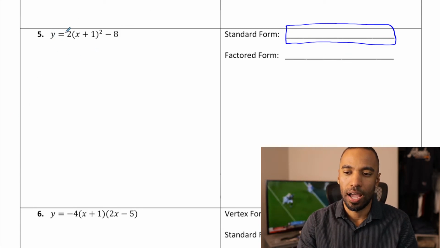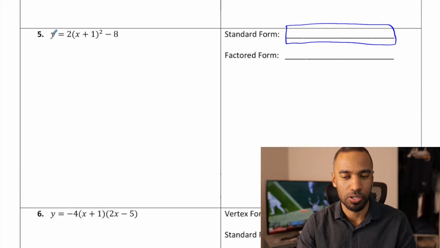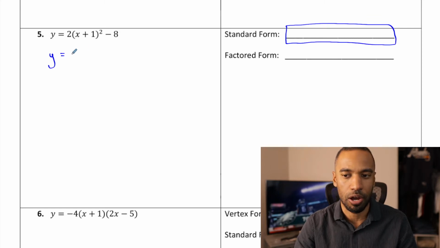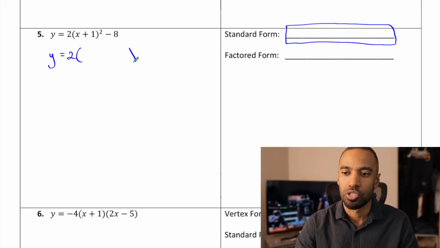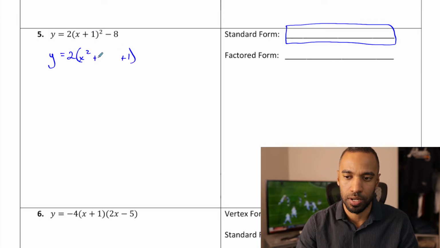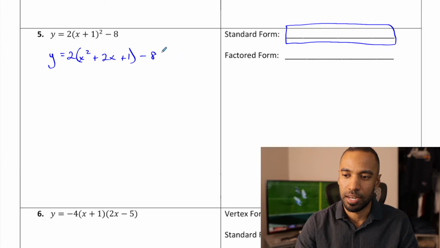Okay, number 5. y equals 2 times (x plus 1) quantity squared minus 8. So I'm going to get it in standard form first. And like I said, I'm going to expand this assuming it's a perfect square trinomial, how we do perfect square trinomials. So this is square the first term, square the last term, and double the product of x times 1. x squared plus 2x plus 1. And then there's a minus 8 right there.